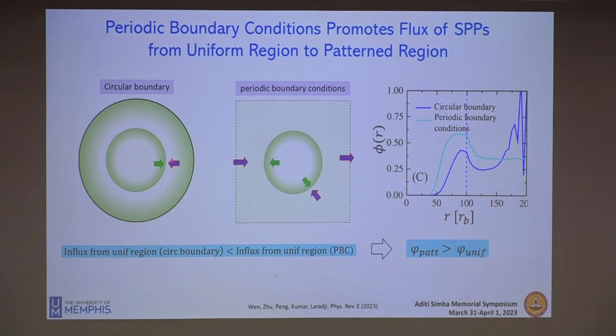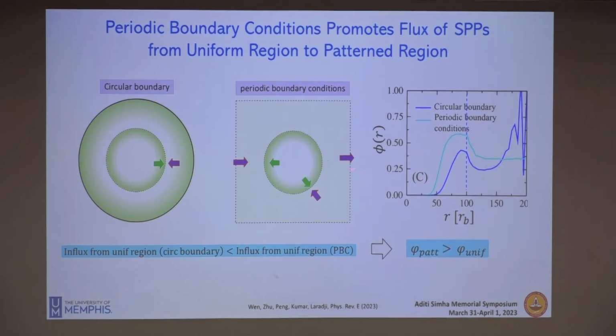And the reason is that our influx of particles, this purple arrow, is coming from the uniform region. Now, if you have periodic boundary conditions, particles can go in both directions. They cannot only go towards the patterned region, and so you have fewer particles.